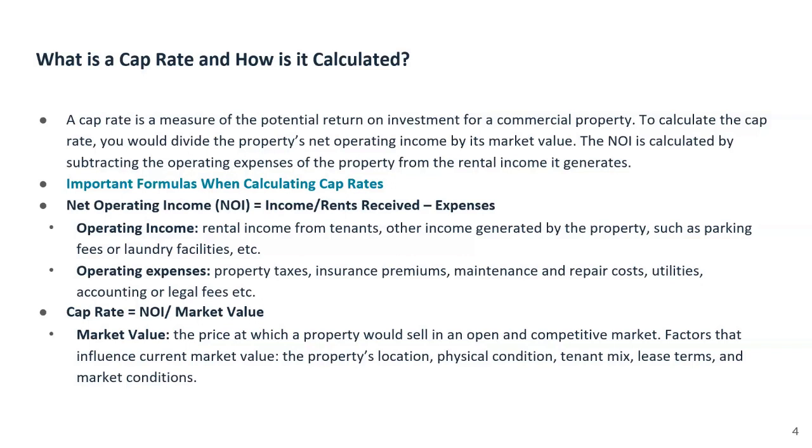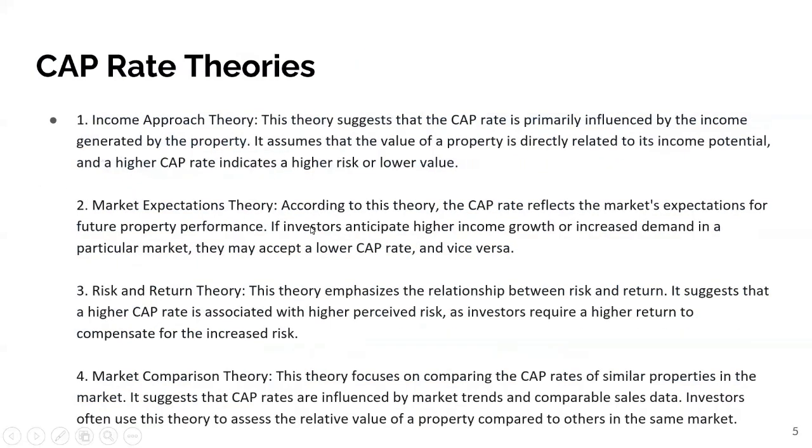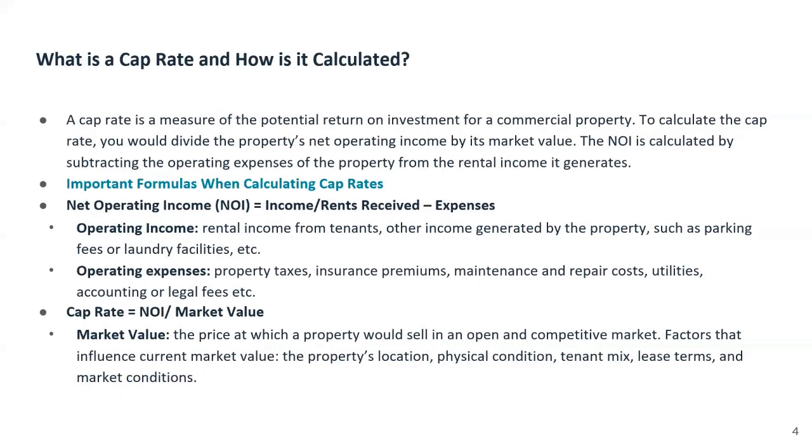That's the technical formula for calculating the cap rate. It's a measure of potential return on an investment for a commercial property, and it's a very widely used approach in real estate investment.